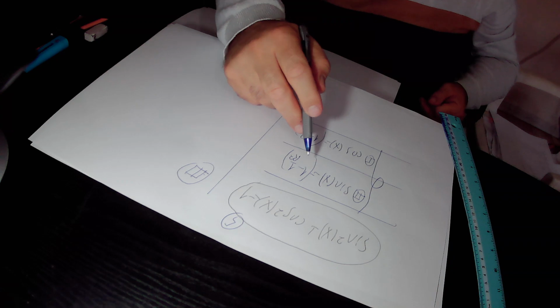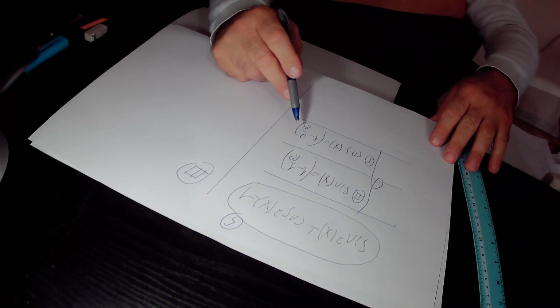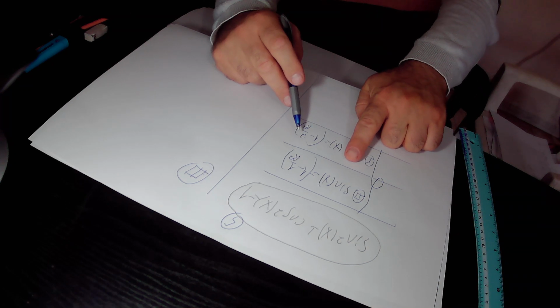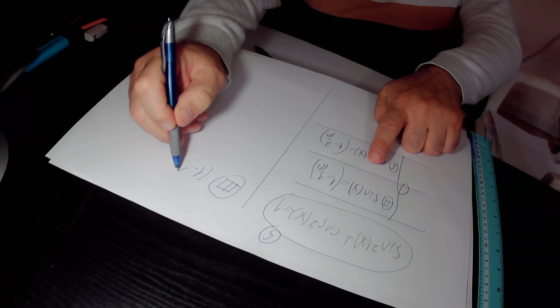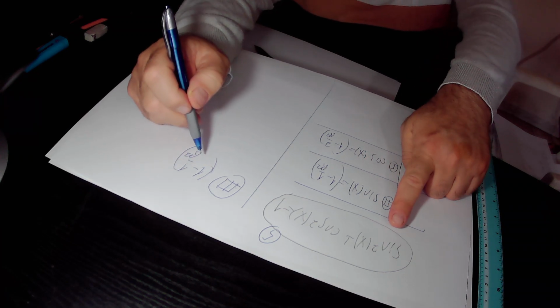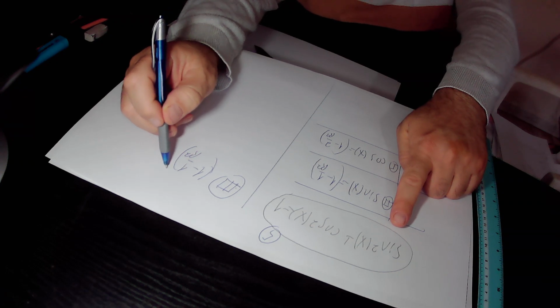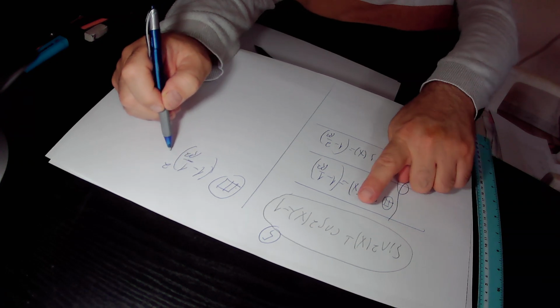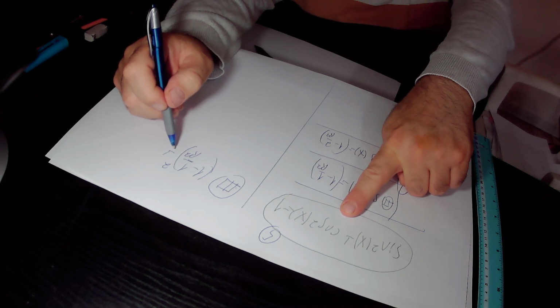In this trigonometric identity we have sine square x. According to equation 2, sine x equals 1 minus 1 over r squared, and therefore sine square x will be equal to 1 minus 1 over r squared, all squared, plus cosine square x.